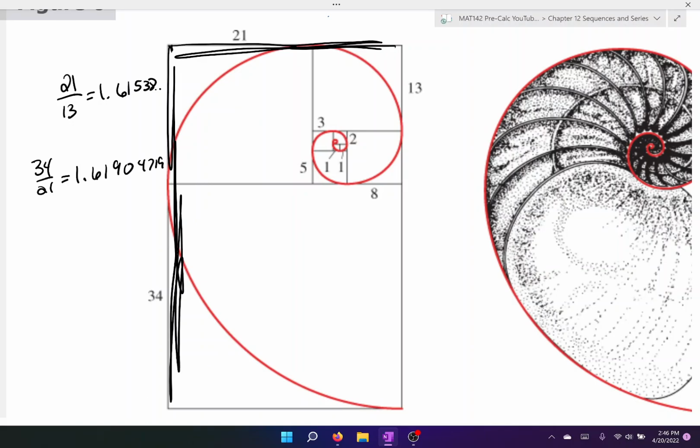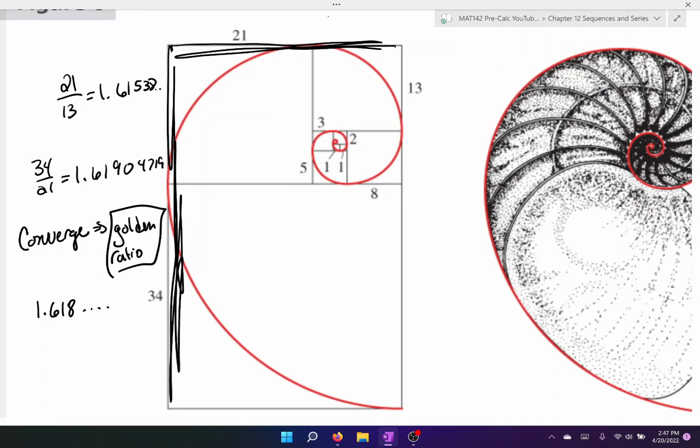What's happening here is this. If you take the ratio of all the Fibonacci sequence numbers, it will converge into a very special number that we call the golden ratio, which is 1.618 and some other decimals after that.